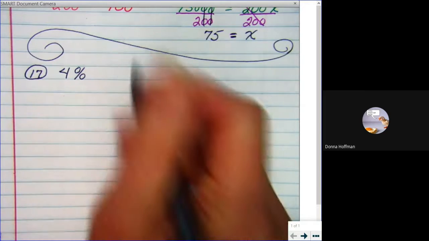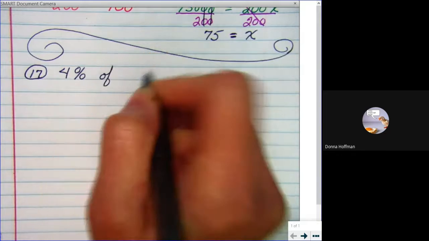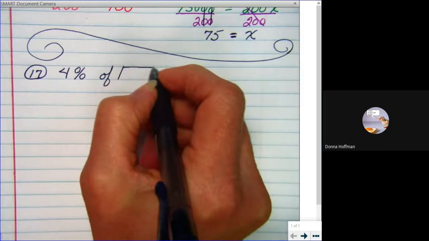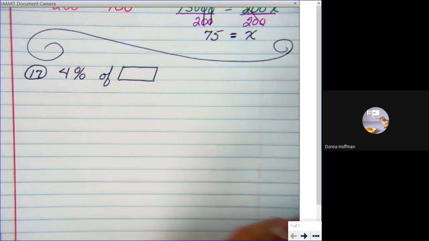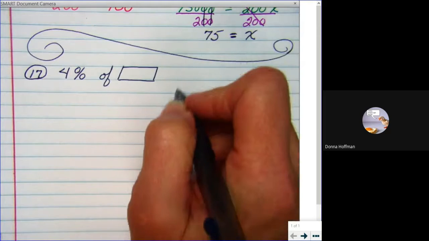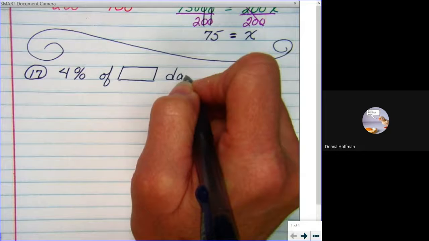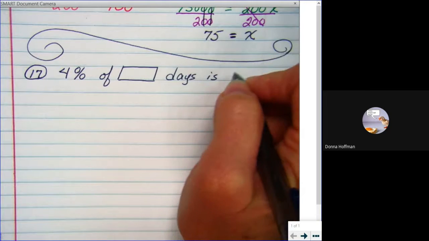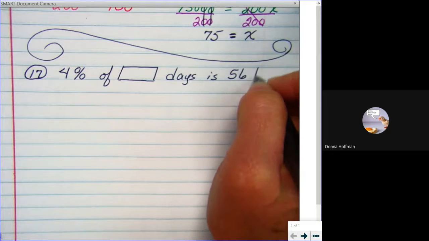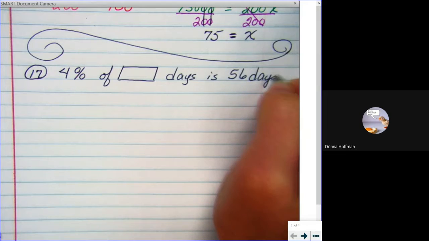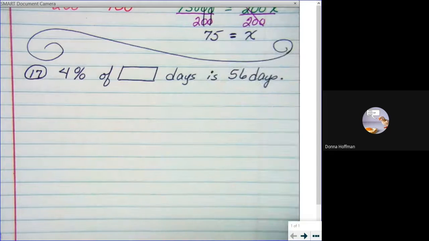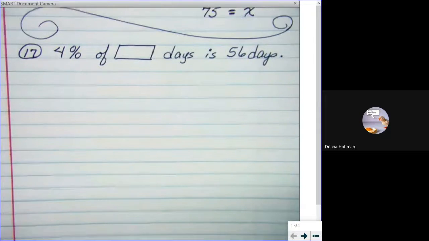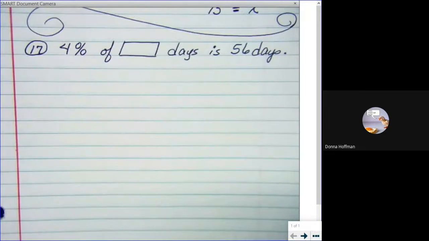Okay. 4% of some amount of days is 56 days. Where's my box going to move to now?